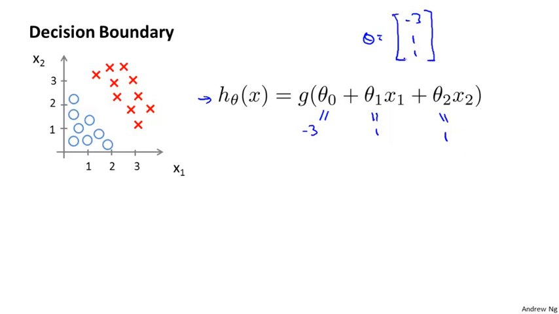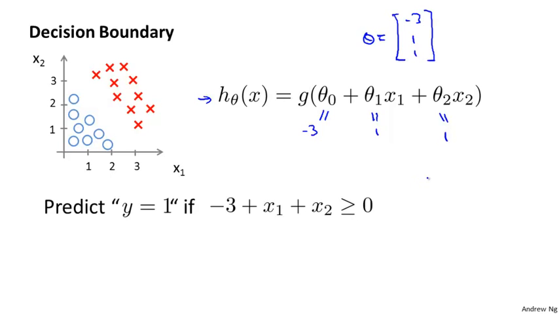So given this choice of my hypothesis parameters, let's try to figure out where our hypothesis would end up predicting y equals 1 and where it would end up predicting y equals 0. Using the formulas that we worked out on the previous slide, we know that y equals 1 is more likely, that is, the probability that y equals 1 is greater than or equal to 0.5, whenever theta transpose x is greater than 0.